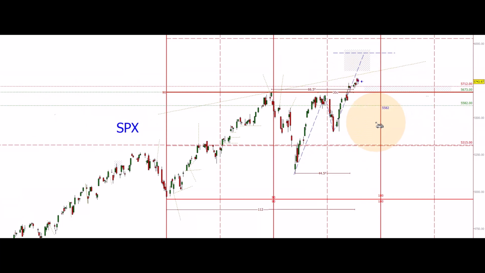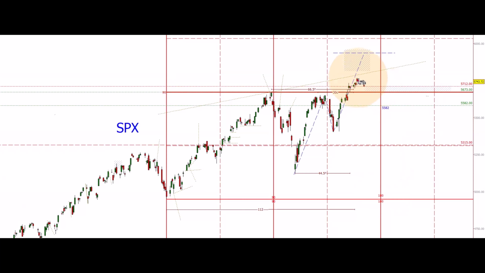So we went up high into yesterday, and today is sort of an inside bar. The market's not closed yet, but if this ends up being an inside bar at the close, we'll definitely have to watch the high and low of this for next week.